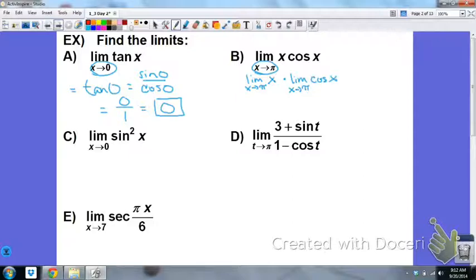Through direct substitution, we're just simply going to plug in pi for x. So the limit as x approaches pi of x is simply going to be pi times the limit as x approaches pi of cosine x, which is going to be cosine of pi. Cosine of pi has a value of -1 on our unit circle, so our answer is going to be pi times -1, which is negative pi.